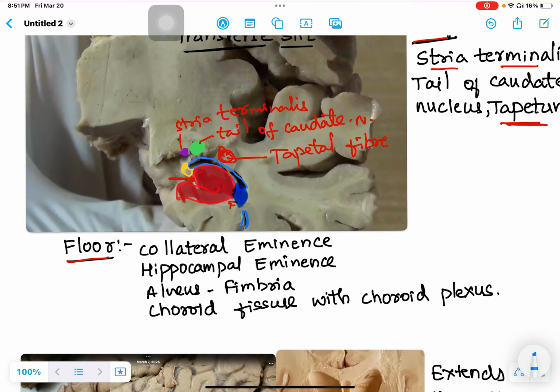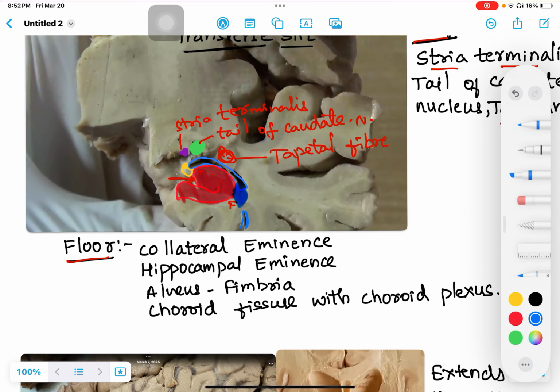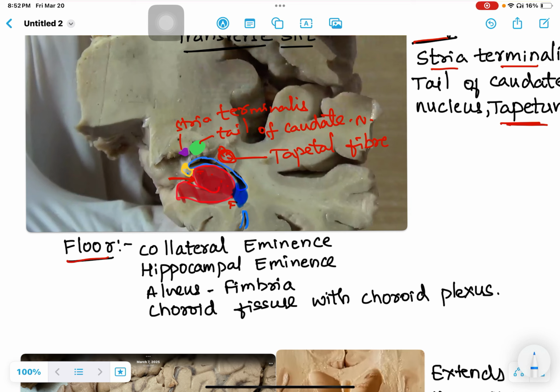Then you can see the alveus, which are white fibers formed at one edge of the hippocampus, and at one end, the fimbriae. All these structures along with the choroid fissure form the floor of the inferior horn.